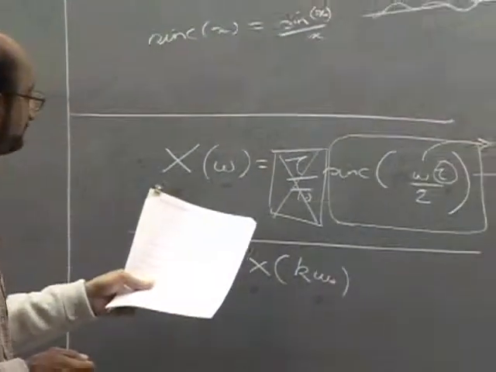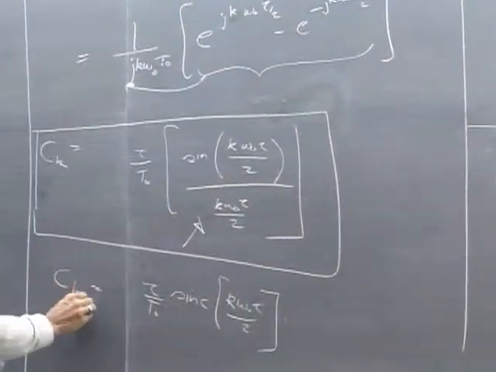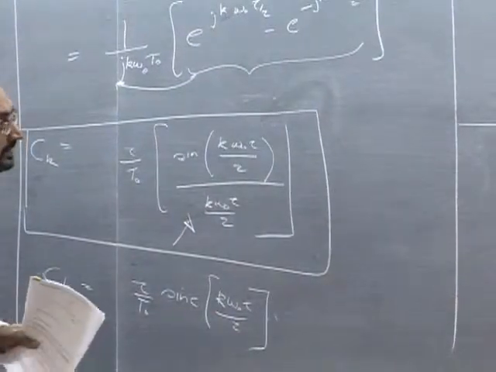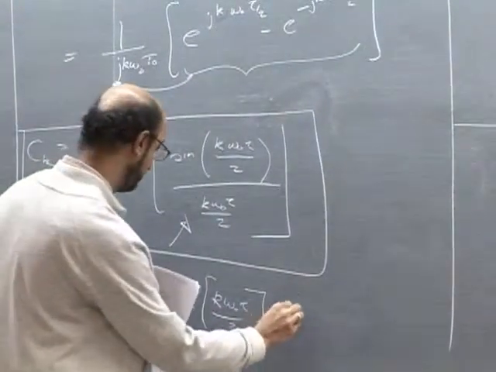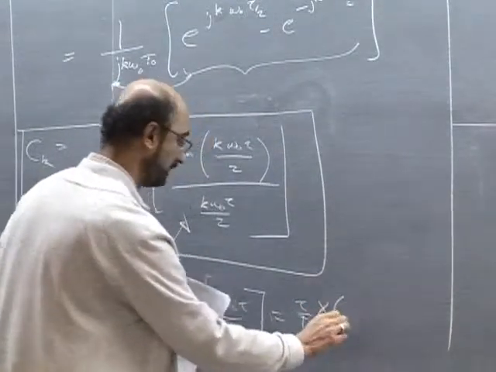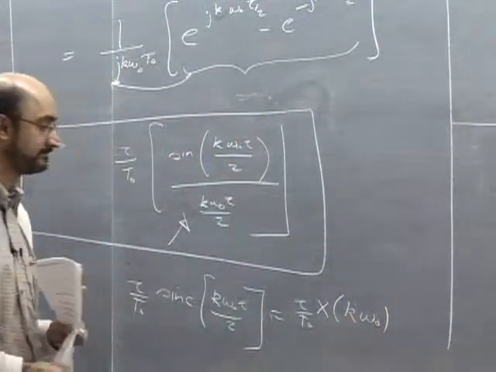And what we'll say is this. We see that Ck is given by tau over T naught times sinc of this function over here, where this is going to be tau over T naught sinc of k omega naught. Okay?